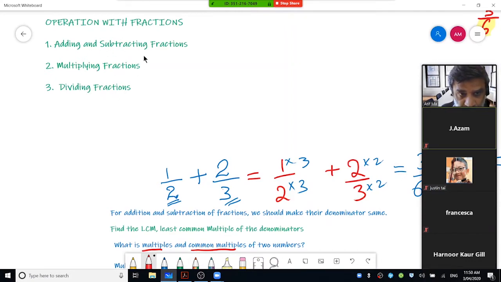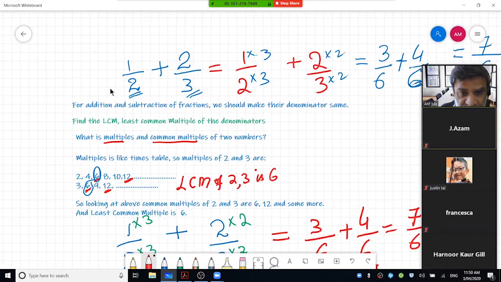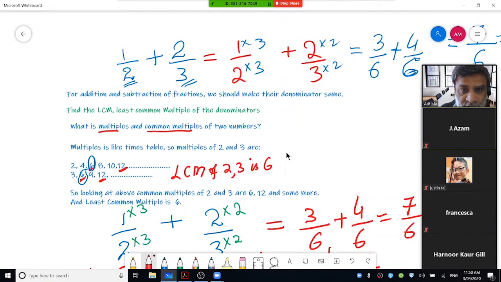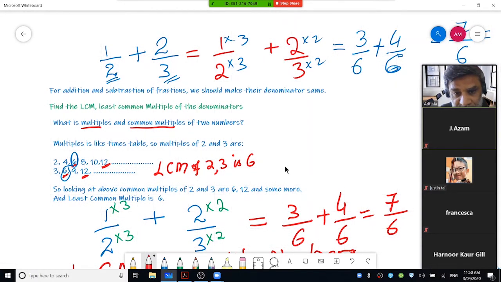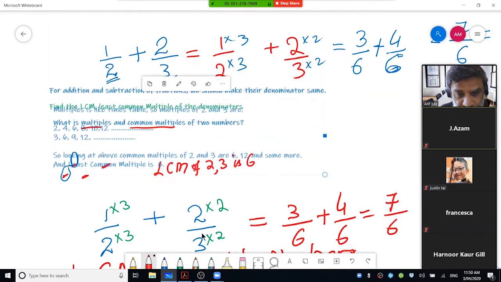These are the three topics which we covered today. We learned that while adding or subtracting fractions, the denominator should be the same, and the denominator would be made the same if you convert it into the least common multiple of these two numbers, and then you can just add or subtract the numerators. There would not be any problem.